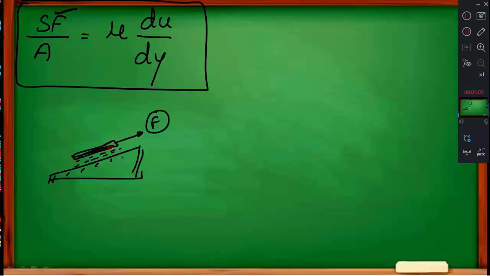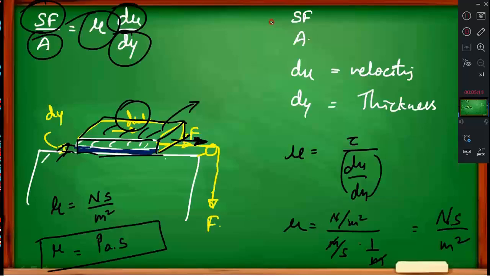But sometimes this force is not pulling like this. If it is pulling like this, then you need to take the component along the direction of the plate movement. Therefore, you write what shear force is. Shear force is the force along the direction of motion.